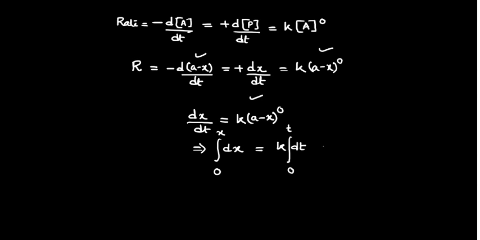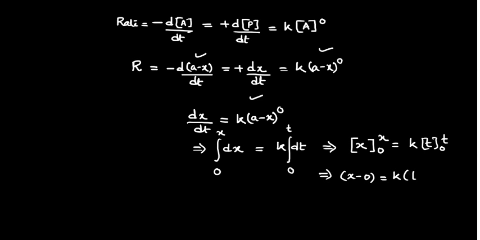Now we are going for this integration. dx gives x, with limits 0 to x, and dt gives t, from 0 to t. So x minus 0 is equal to kt minus 0. From here we can write x equal to kt. So this is the expression for a zero order reaction.